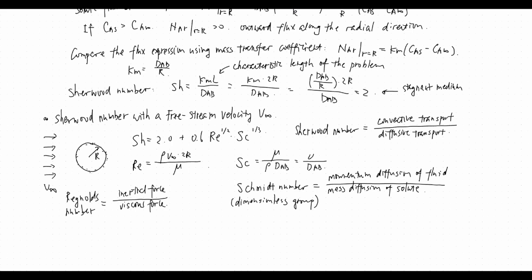And then whenever you see a new dimensionless group that you have never seen before, how do you interpret its meaning by looking at the expression? That will be something good for you to master.